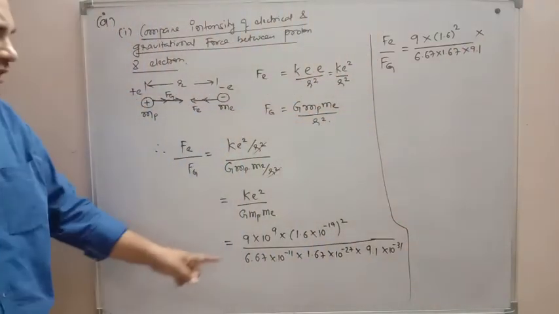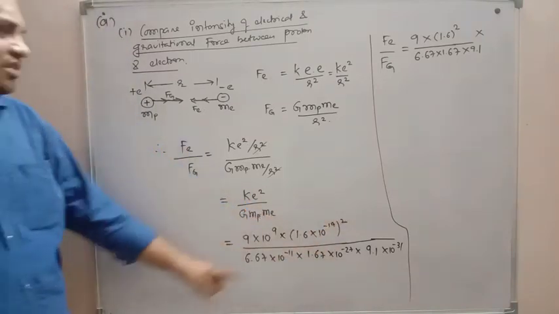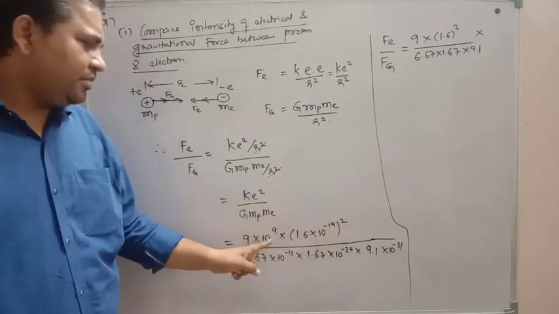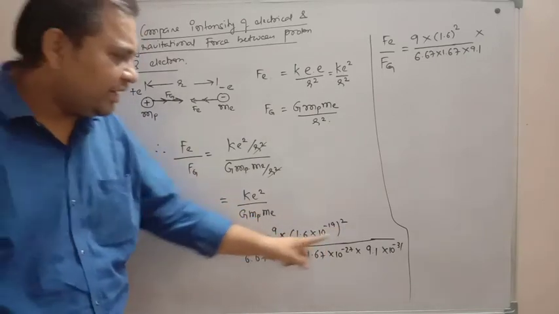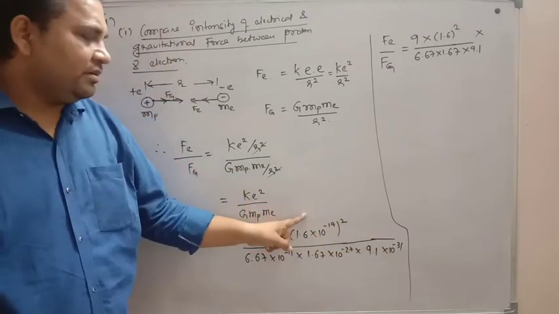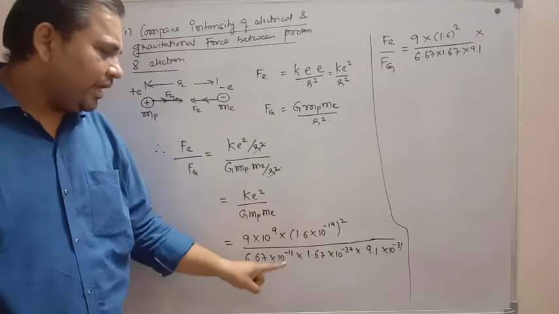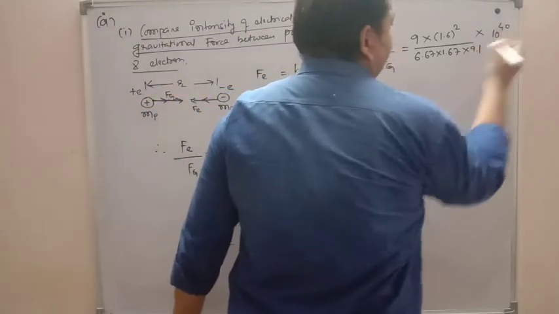Now we will take the powers. 10 power minus 19 the whole square is 10 power minus 38, minus 38 plus 9 minus 29, minus 29 plus 31 will be 10 power 2 plus 27, 10 power 29 plus 11, 10 power 40.